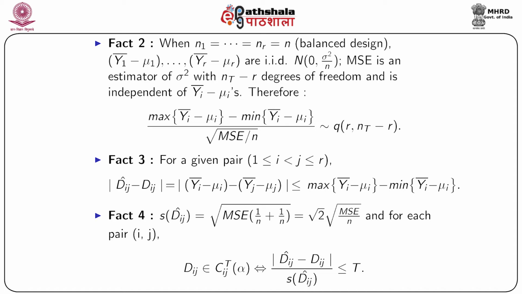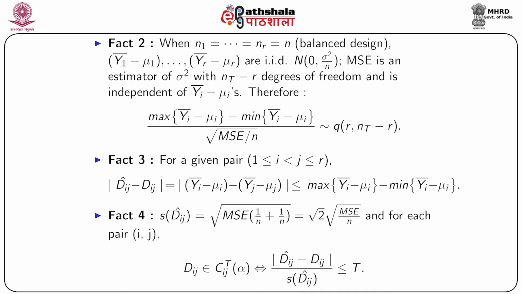So for a given pair ij between 1 and r, the modulus of dij hat minus dij equals the modulus of yi bar minus mu i minus yj bar minus mu j, which is less than or equal to the max of yi bar minus mu i minus the minimum of yi bar minus mu i.